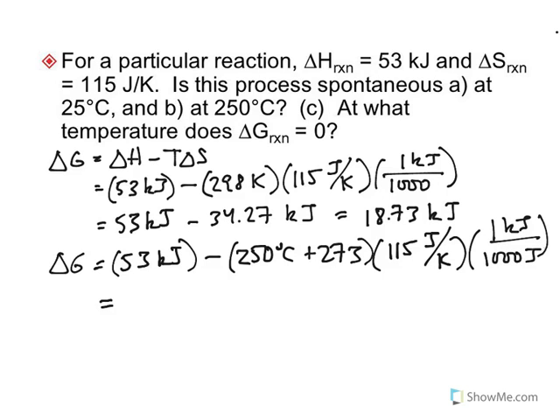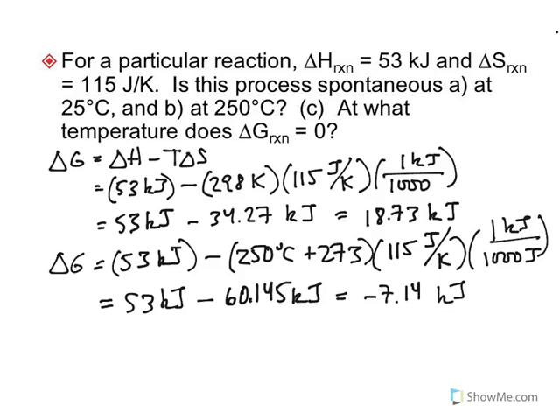And here we get a delta G of negative 7.14 kilojoules. Since delta G here is a negative value, then it is spontaneous.